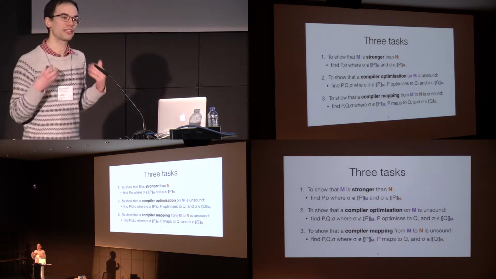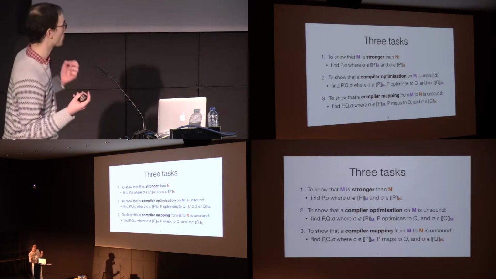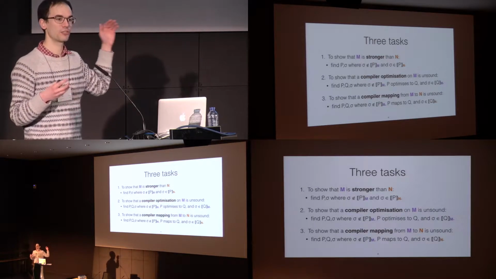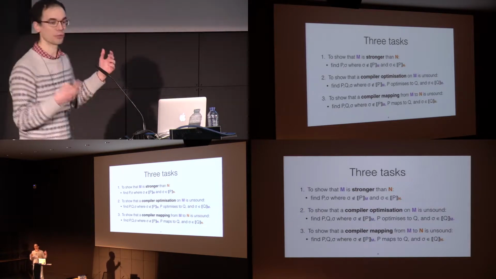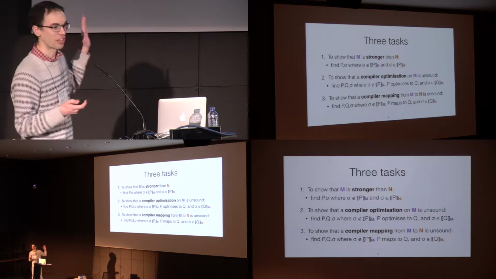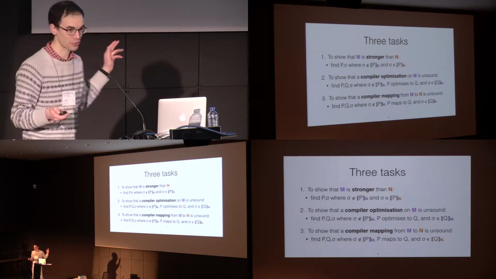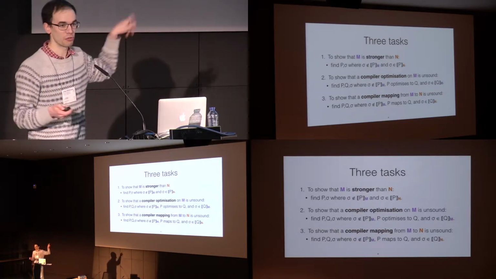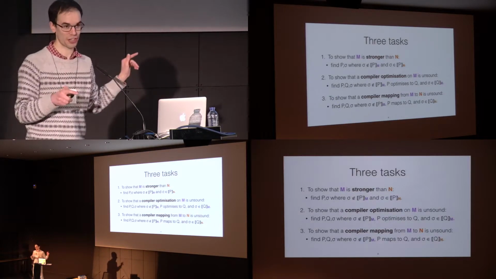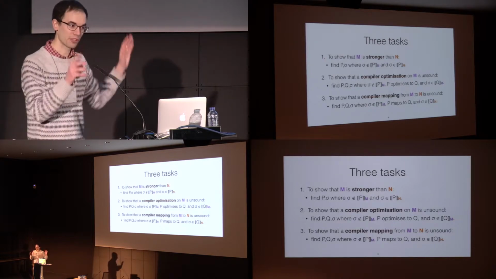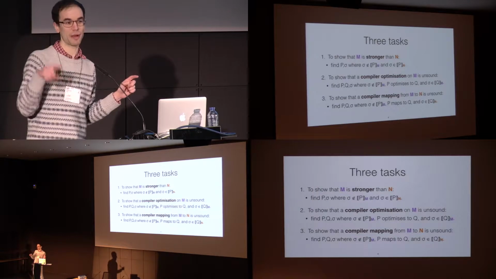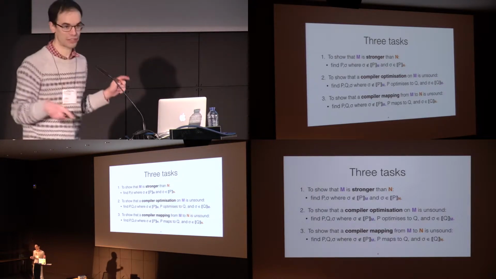And thirdly, you can check compiler mappings. Suppose you have a compiler mapping from a language with memory model M to a language with memory model N. You can find a bug in that mapping if you can find a program P and a program Q and a final state sigma, such that if you run program P under the source-level memory model M, you can't reach final state sigma, but nonetheless P compiles to Q, and if you run Q under the target language's memory model N, then you can reach final state sigma.